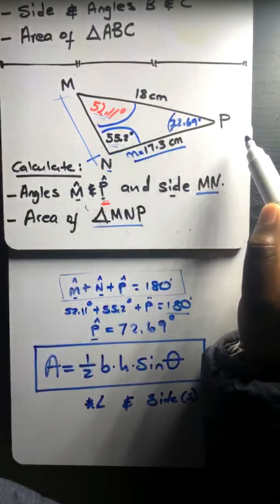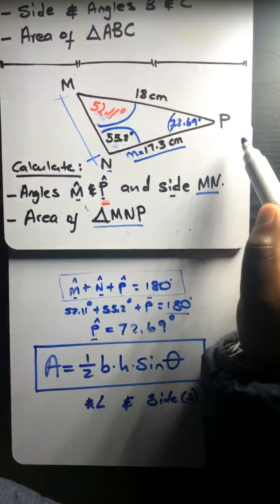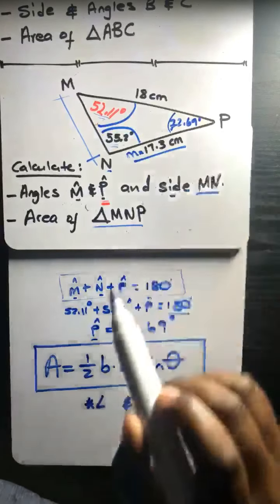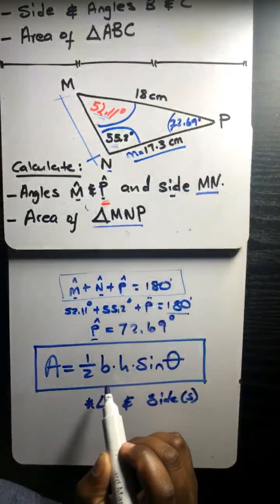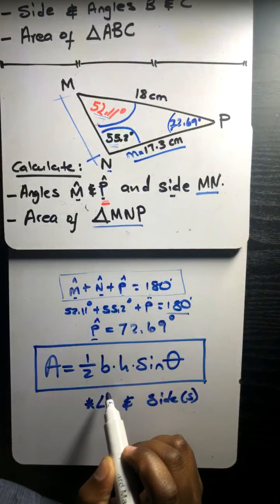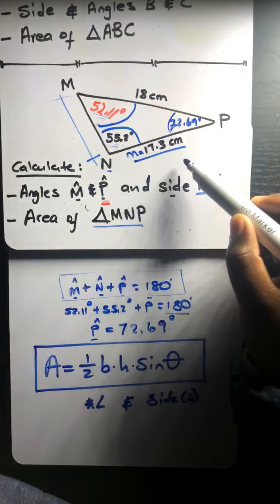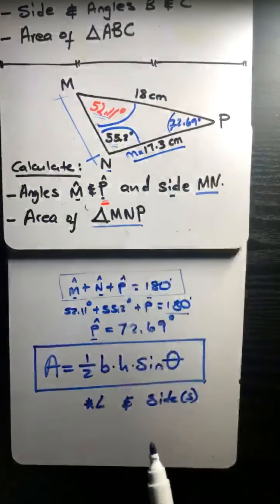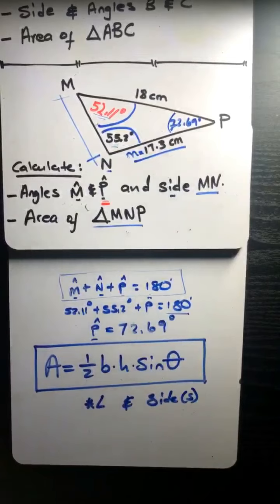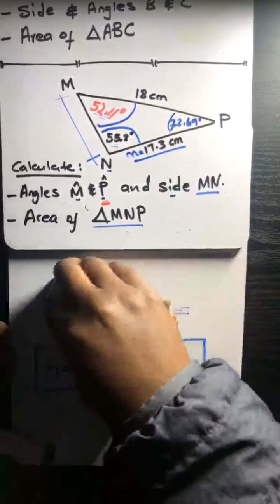Half, and then open a bracket. Then I said 72.69. Okay, let me write that one so that I'll easily be able to comment on your answer.